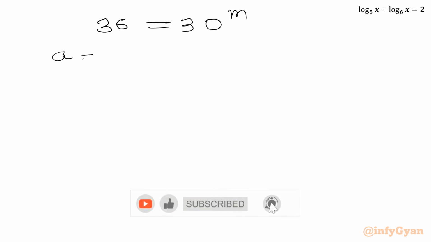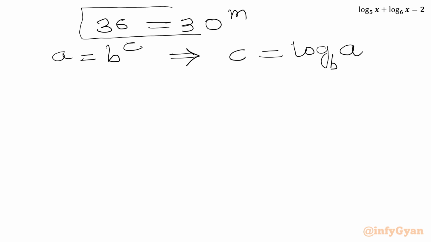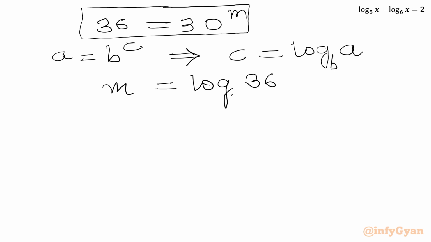If a equal to b power c and we want to find the value of c, then we need to write it is equal to log a with base b. So I can calculate the value of m from here as log 36 with base 30.